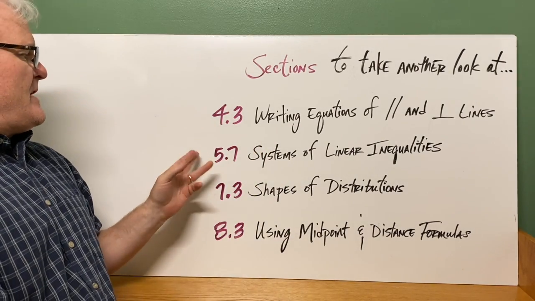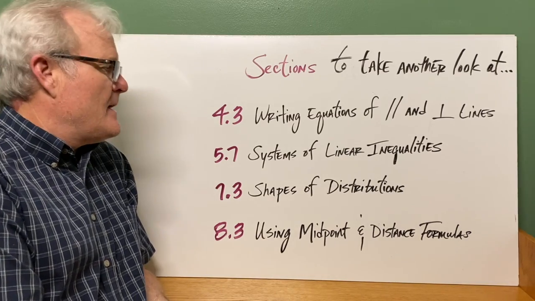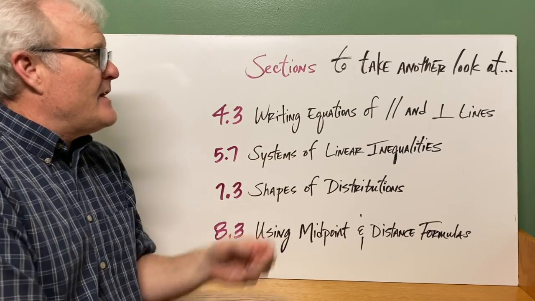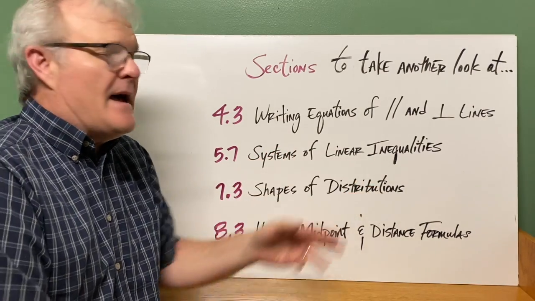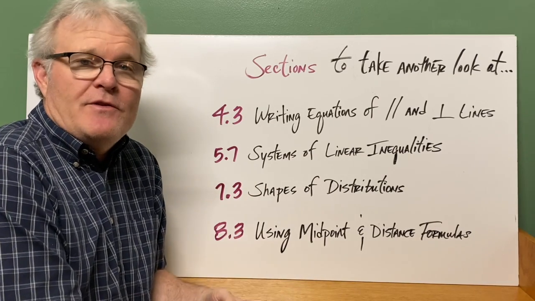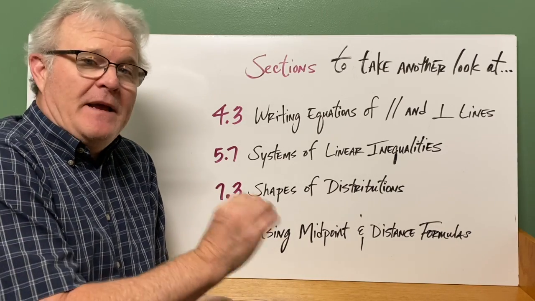But 4.3, 5.7, systems of linear inequalities. Remember, we did systems of equations. Systems of linear inequalities is when you have an inequality, greater than, less than, greater than or equal to, less than or equal to, and that's when you pick a test point.